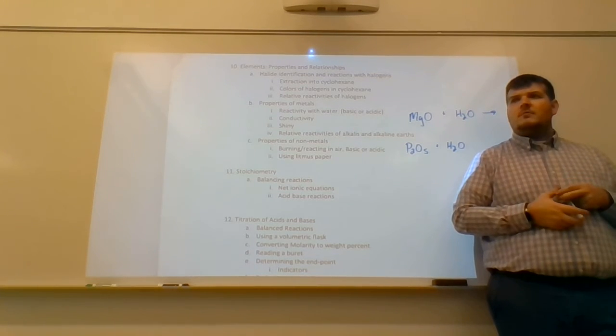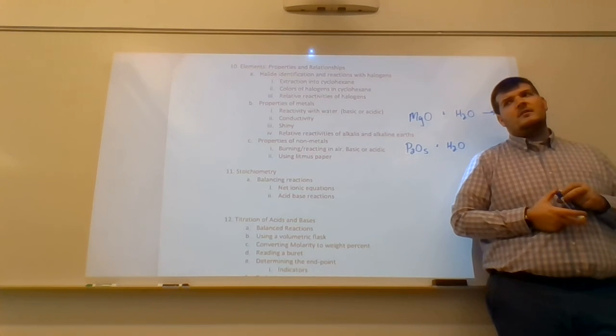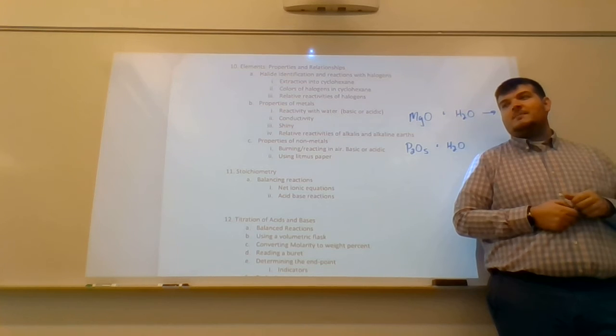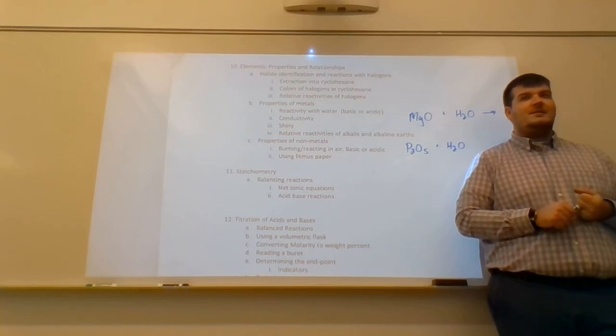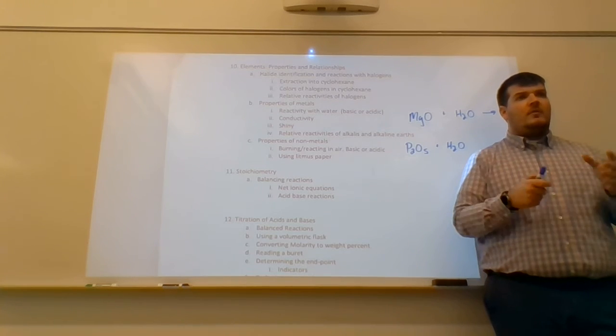CO2. Is that a metal oxide, nonmetal oxide, or it's not either? Nonmetal oxide. If I took CO2 gas and bubbled it through water, what would I expect to happen to that water? It would turn acidic. This is part of the rationale for the whole global warming debate.